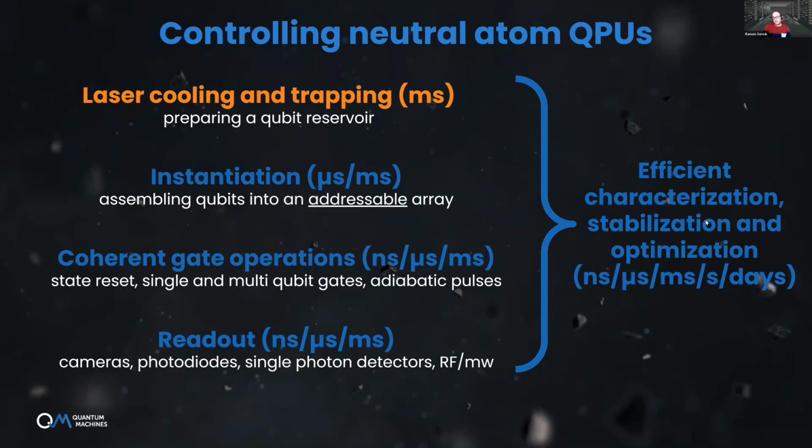Okay, so this is on top of everything: this characterization, stabilization, and optimization, and the word efficient here is important also. You can't have a calibration of your QPU take an hour. In the end, the idea is to have such a quantum processor online for users to load jobs on, and if every hour you need to stop the machine for half an hour of tuning, this directly reduces the quality of your offering, and we're not in a lab anymore. We're trying to do things that are robust.